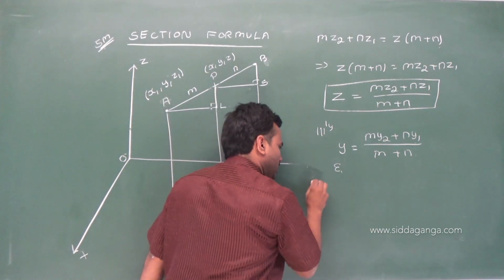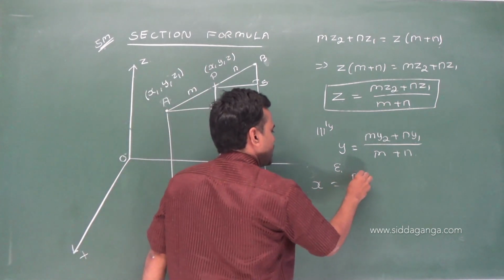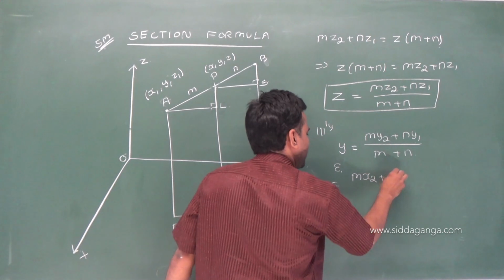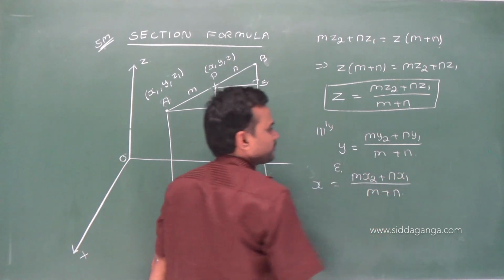And coordinate of x in P is mx2 plus nx1 divided by m plus n.